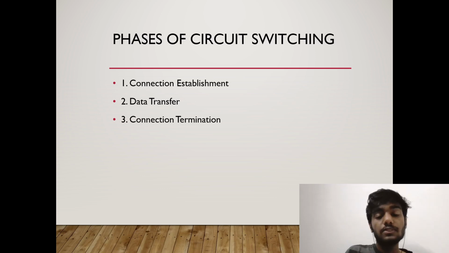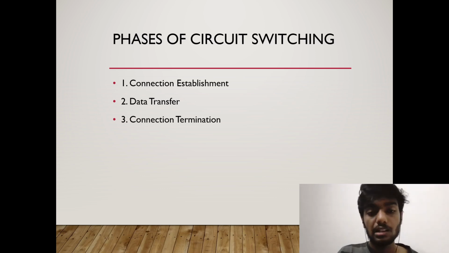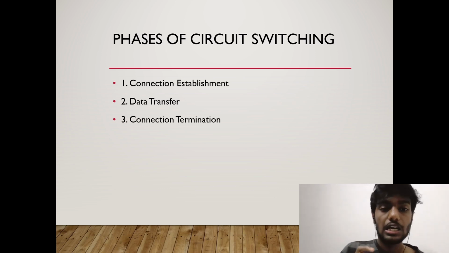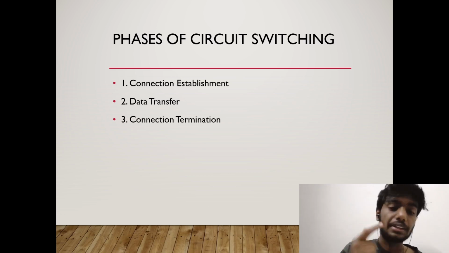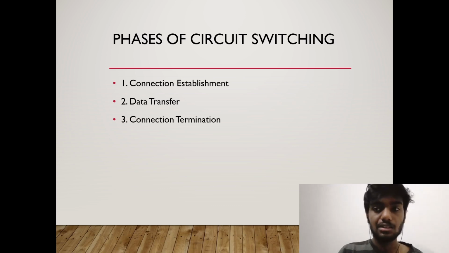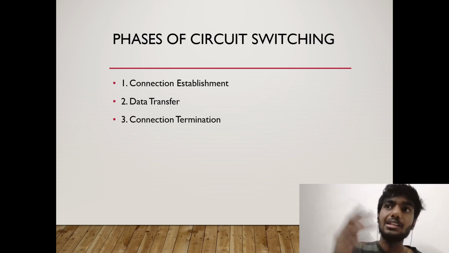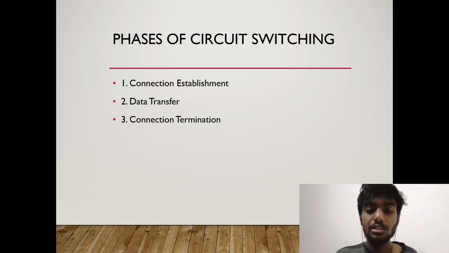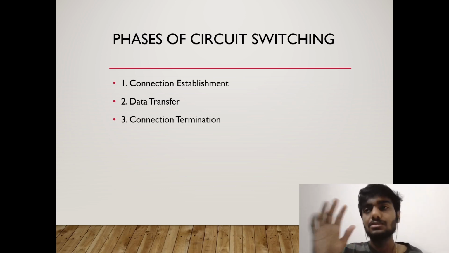So, phases of circuit switching. Mainly there are three phases: connection establishment, data transfer, and connection termination. The establishment phase is where a path is set up between the sender and the receiver, which is to find a free route and reserve the resources.